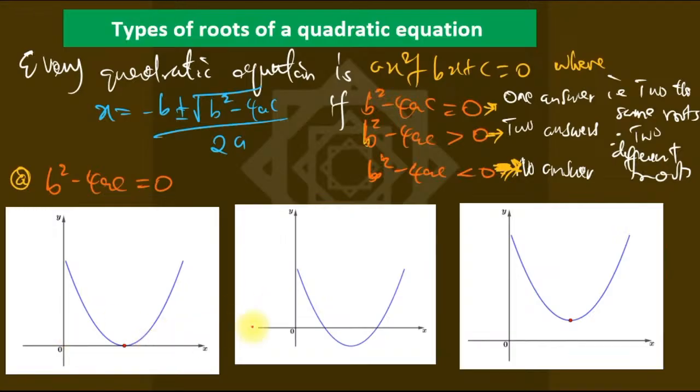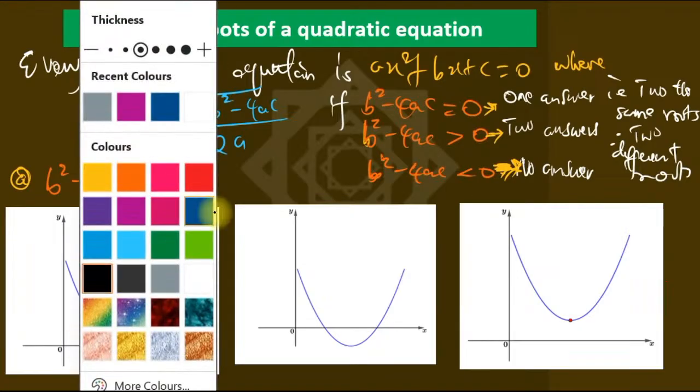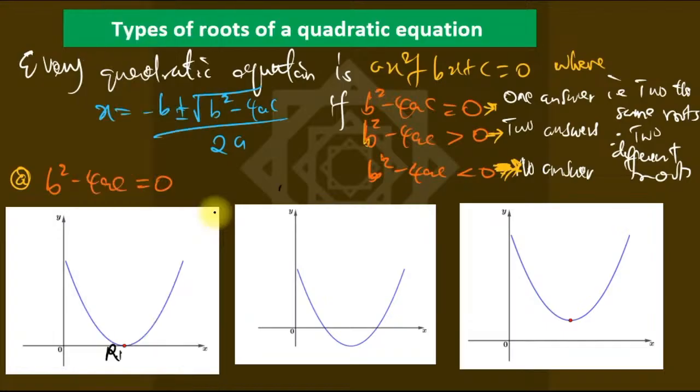The second one is where it has two different answers. I told you the 0 case means two of the same roots. Let's call them R1 and R2. They will coincide and become one, because it must have two roots.